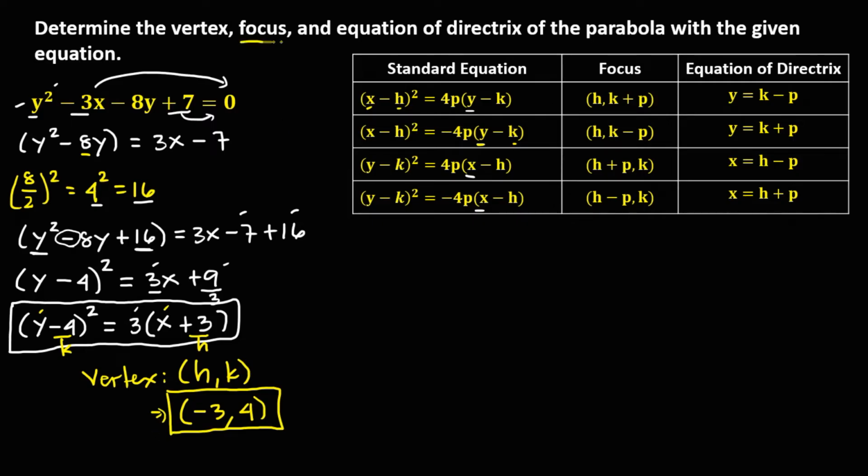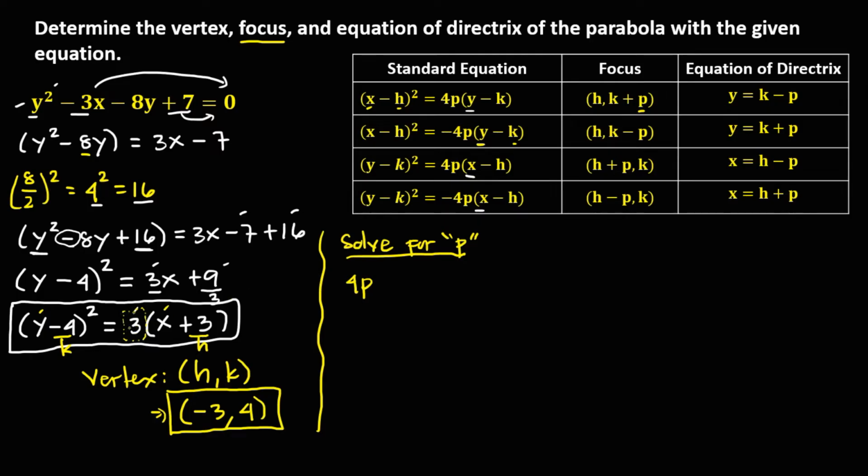Then to solve for the focus, since we have p, we need to solve first for p. To solve for p, just focus on this number. Since this one is positive, we're going to use the positive for p. If this one is negative, then we're going to use the negative for p.